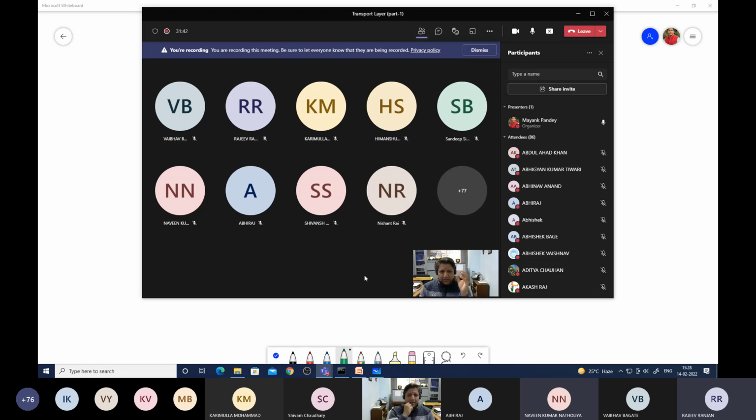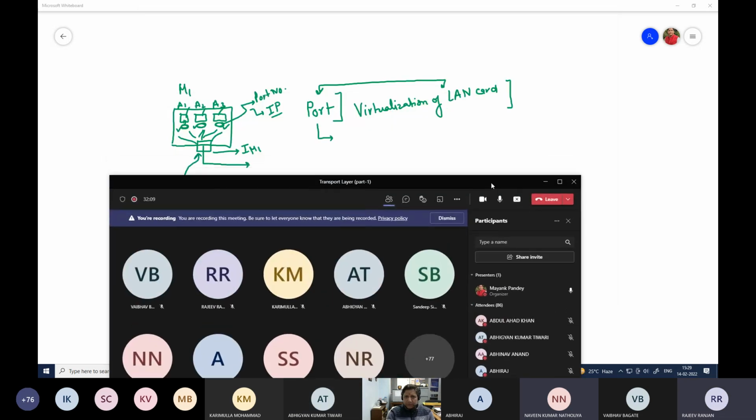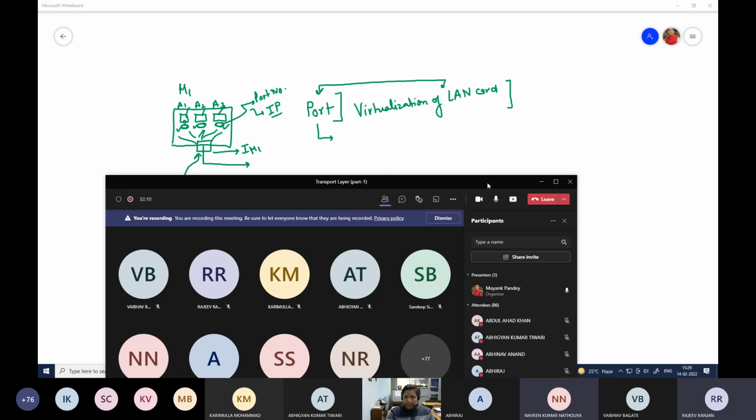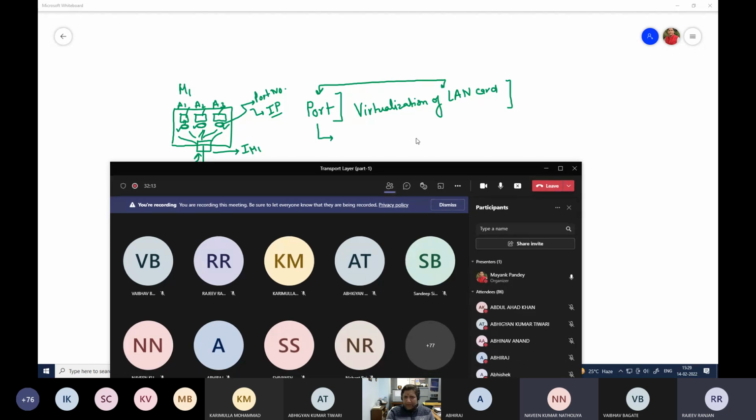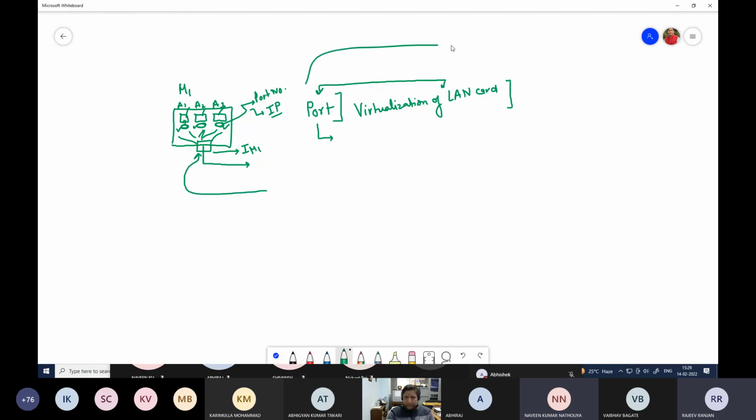What are your comments regarding that? Yes, sir. I think it's correct. Abhigyan? Yes, sir, I think so. So what is the reason behind your thinking? Why are you saying that a port can be thought of as a virtualization of a LAN card?